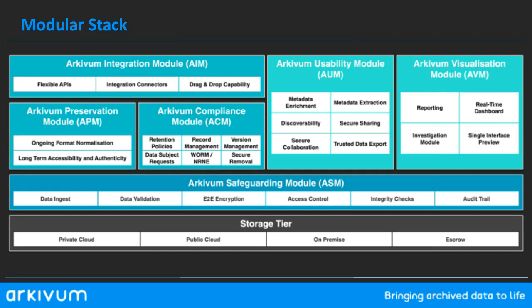We have modules for safeguarding and preservation and making content accessible, as well as achieving compliance and integrating with external environments and applications. And because it's modular, Perpetua users can pick out the specific modules that they need at their particular time when they're on this journey through digital preservation.